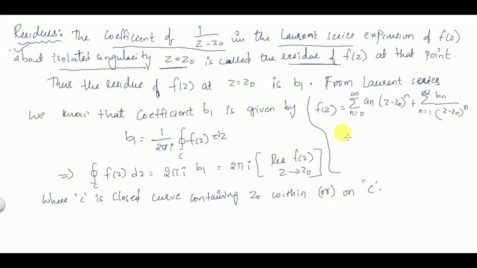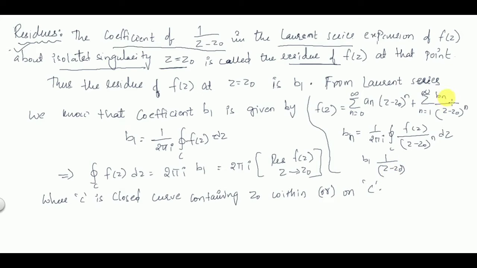So the coefficient bn is given by 1 by 2 pi i integral c f of z by (z minus z naught) whole power n+1 dz. Right, so if you expand this series, b1 is the coefficient of 1 by z minus z naught.